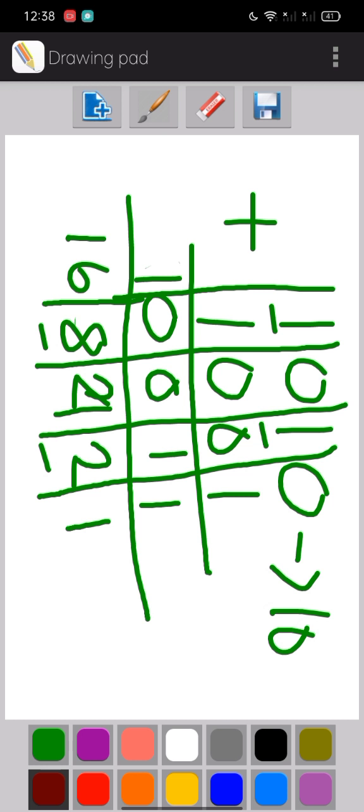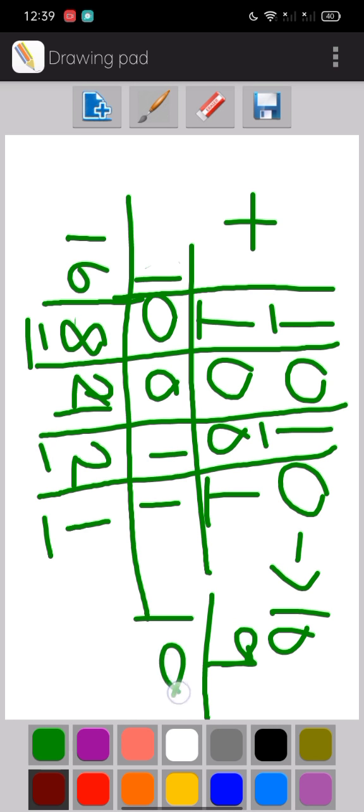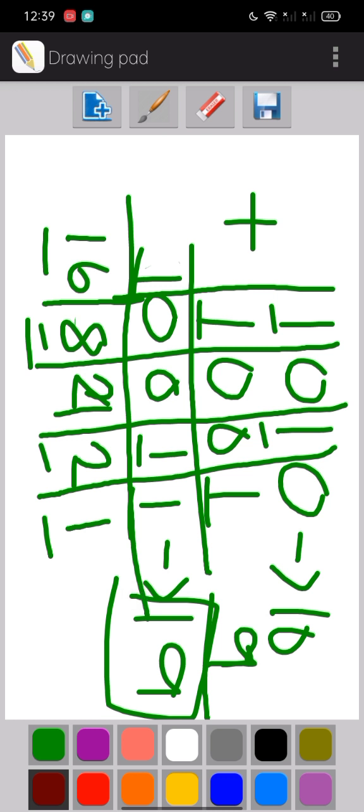Here we have an 8 and a 1. So 8 plus 1 is 9. So 10 plus 9 is 19. So we have a 16 plus 2 plus 1. So that adds up to 19. And so we can see that we have the right answer.